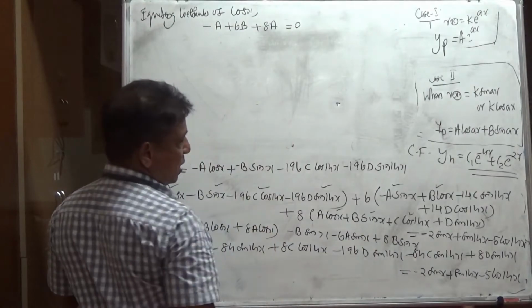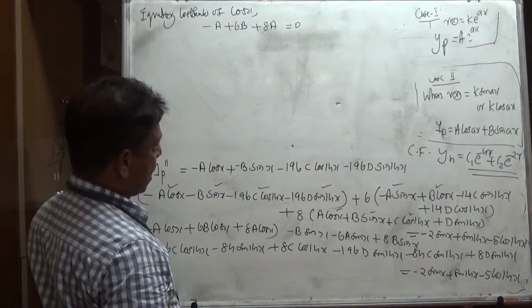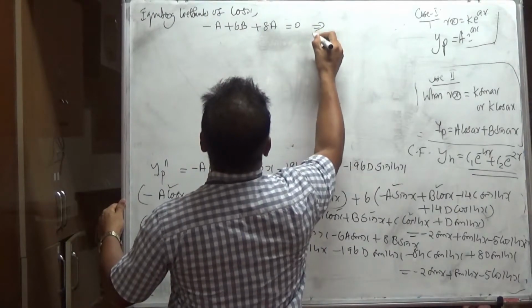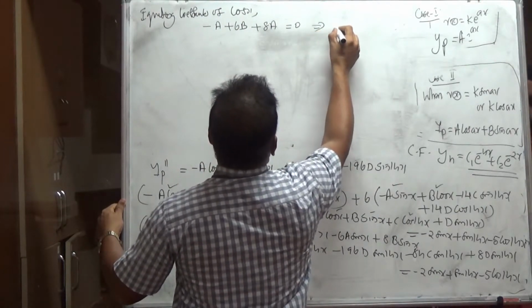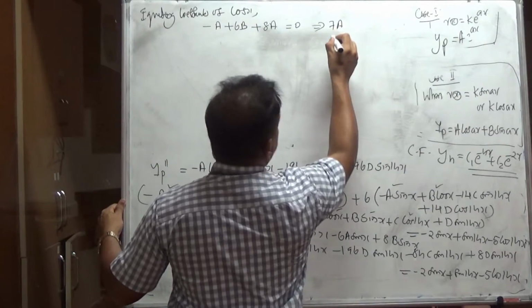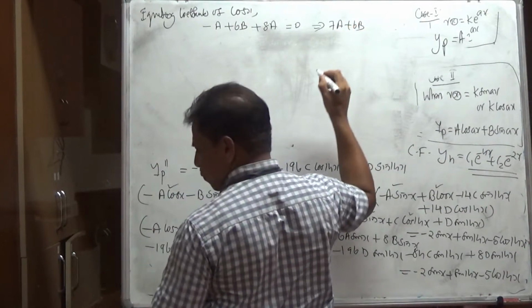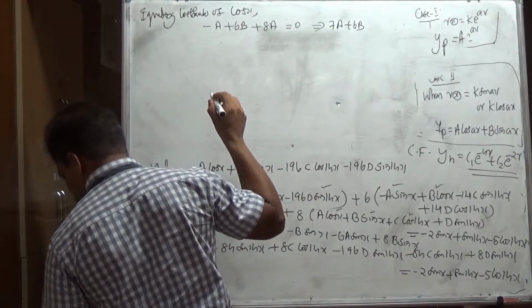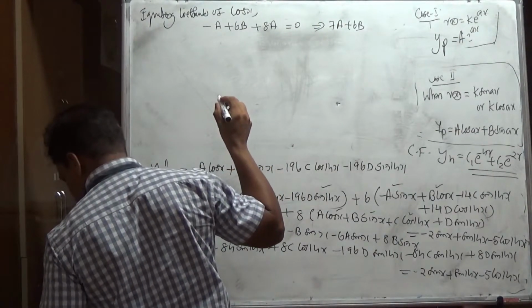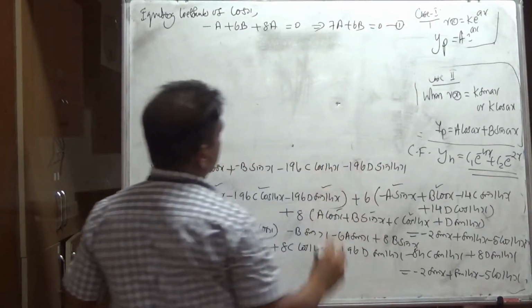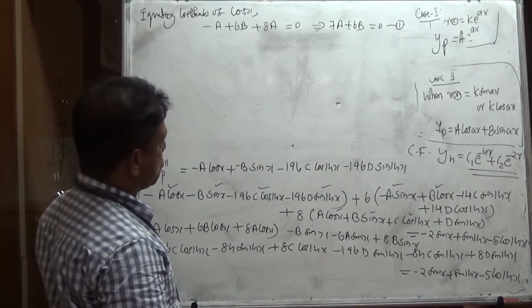The right hand side will have no cos x term. Therefore, the first equation will be 7a plus 6b is equal to 0. This is equation 1.